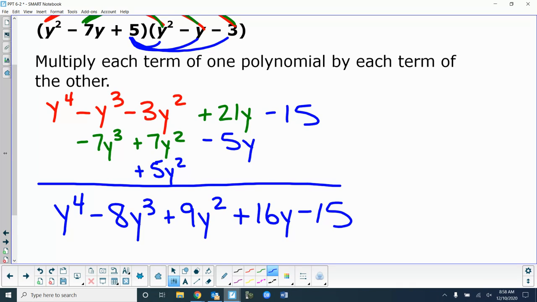Yes, Sam? This might be kind of a stupid question, but why don't you add the exponents when you're doing addition? You mean from here to here? Yeah. Okay. Well, our rules of exponents say when I multiply, let's just look at one here. I got y squared times y squared, right? So this means this. That's what that means.